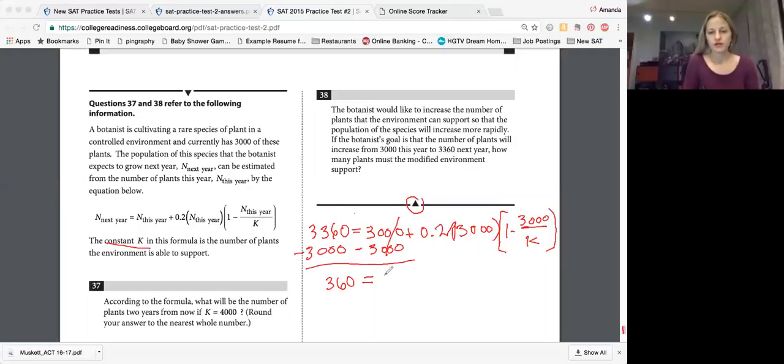So I have 600 times 1 minus 3,000 over K. At this point, you can either distribute your 600 or you can go ahead and divide by 600. I think I'm going to go ahead and divide by 600, but either method would work.